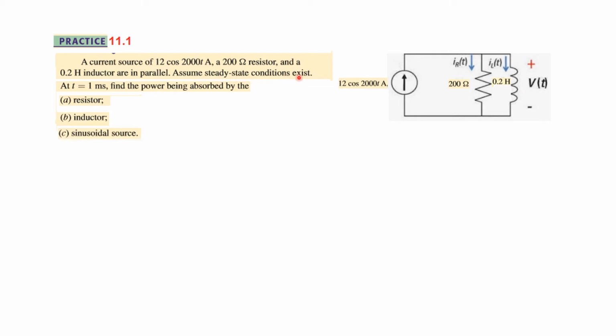Assume steady state condition. We have discussed earlier also that whenever it is steady state condition, we can apply the phasor form to solve the circuit. At t equal to 1 millisecond, we have to find the power being absorbed by the resistor, inductor and the source.